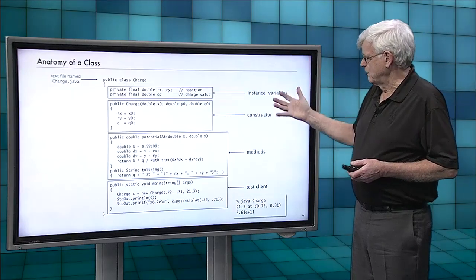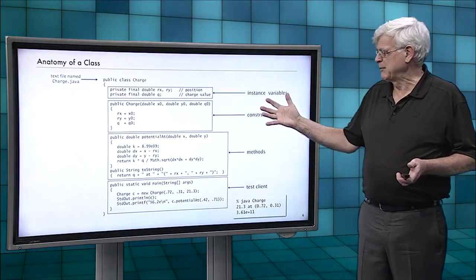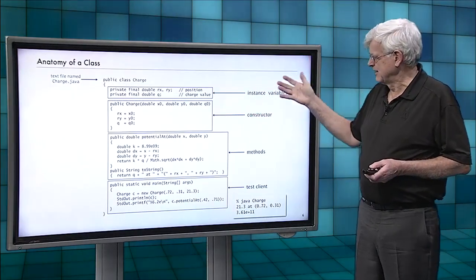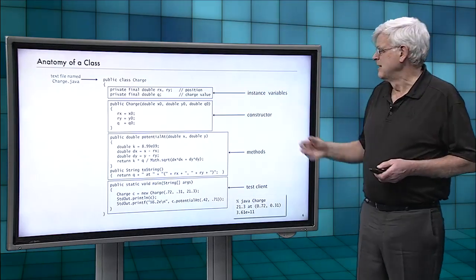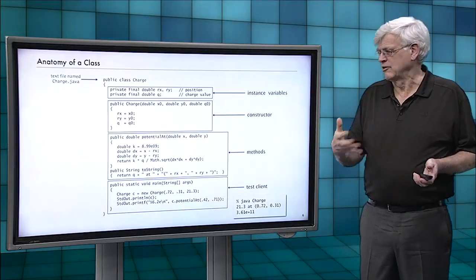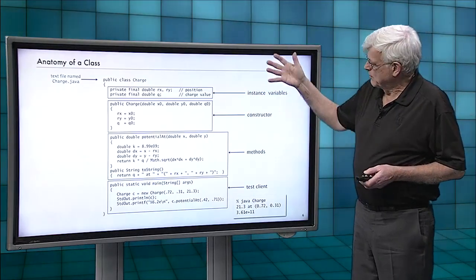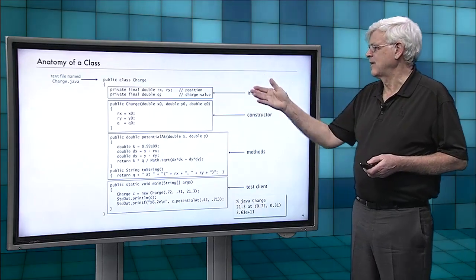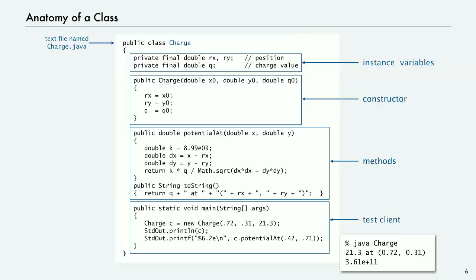So here's just an anatomy of a class with real code, and we'll look at each piece of this code in detail just in a minute. So we put the whole class in a text file named Charge.java, and the class name, we go public class and give the class name, that's going to be the same as the file name.